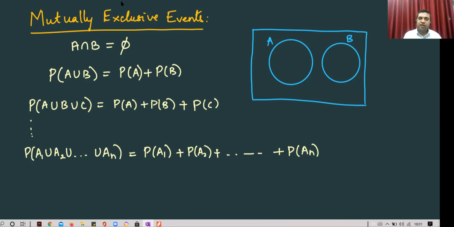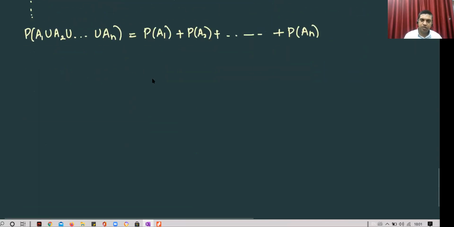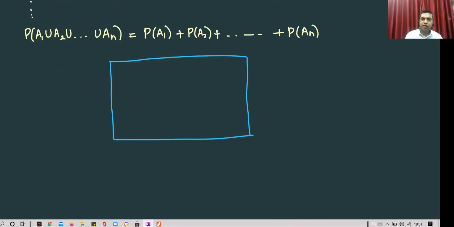And how will the Venn diagram be? For all mutually exclusive events, each one will be a circle of its own, without overlap.